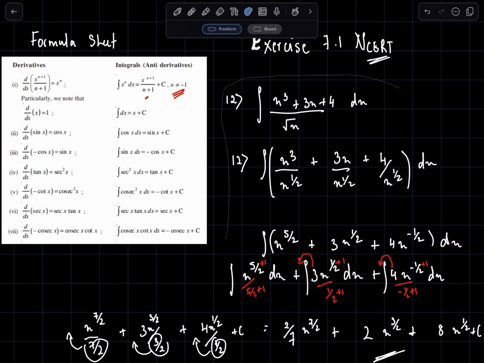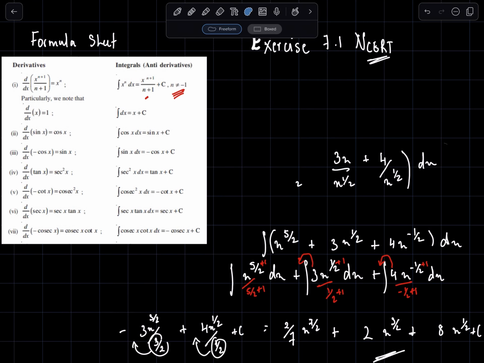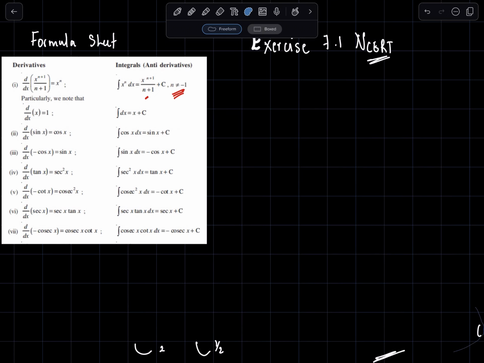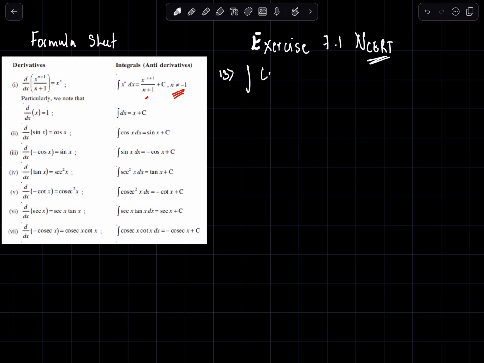So question number 13. Okay, integral of 1 minus x square root of x dx.